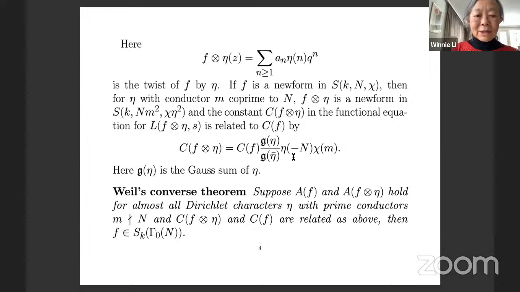That's the advantage of twisting by characters with conductor co-prime to n.